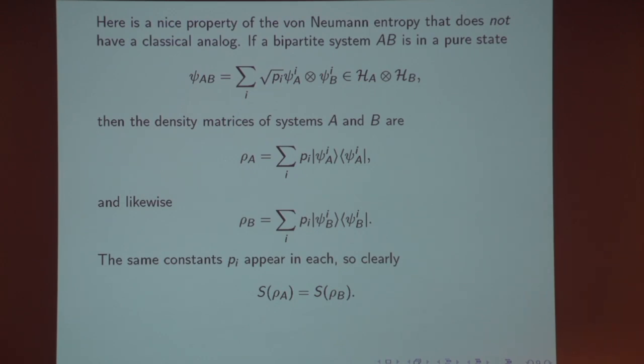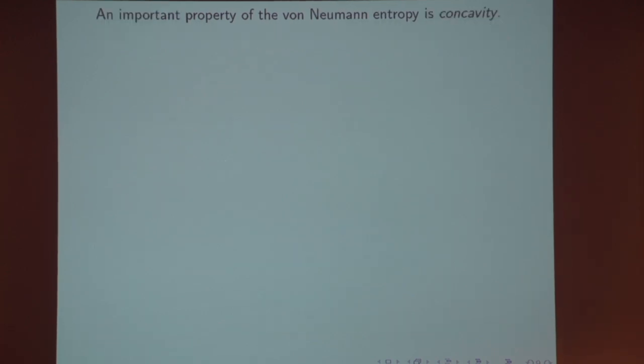The same constants pi appear in each, so clearly the two entropies are equal. So a system A and a purifying system B always have the same entropy. That can't really have a classical analog because there's no such thing as a purifying system.